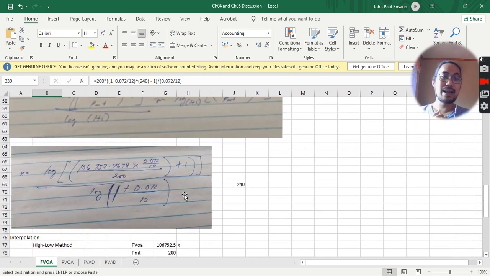So you input that to your calculators. So this is how it should look like.